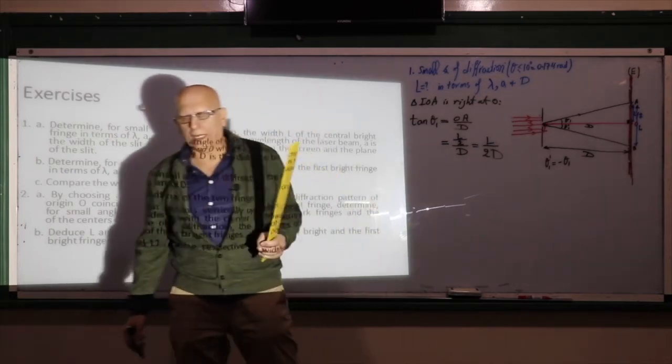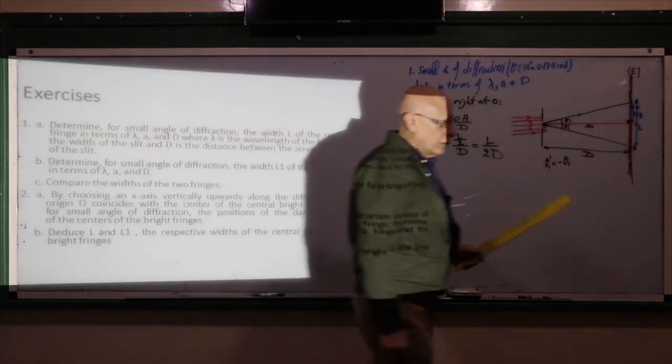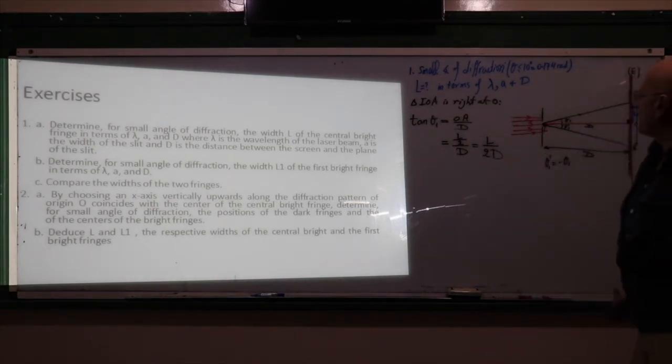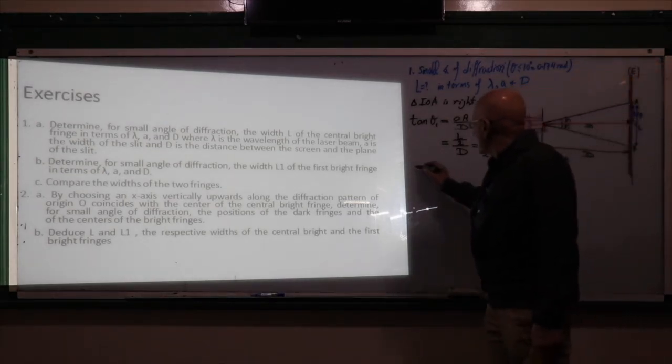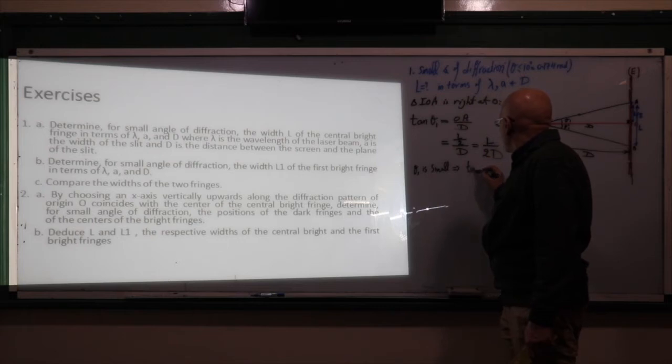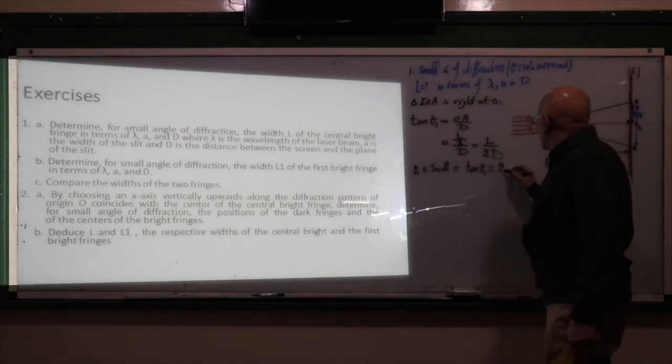Because we have a small angle of diffraction, there is an approximation formula for the tangent. So theta 1 is small, this implies tangent theta 1 is approximately theta 1 in radian.